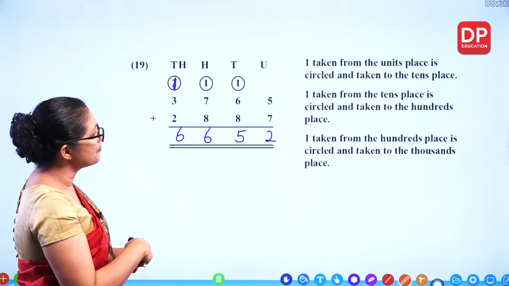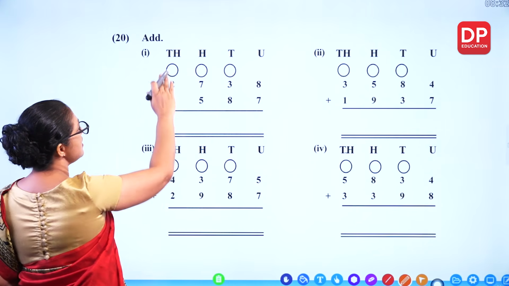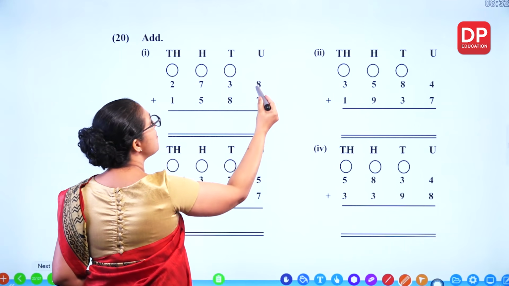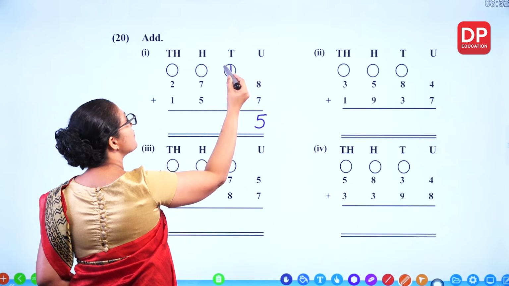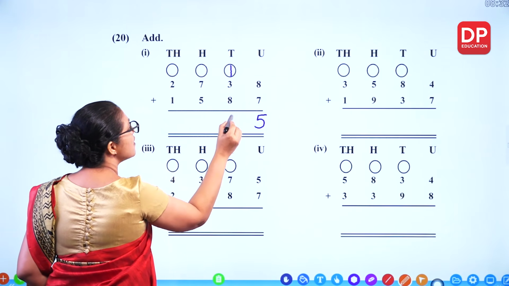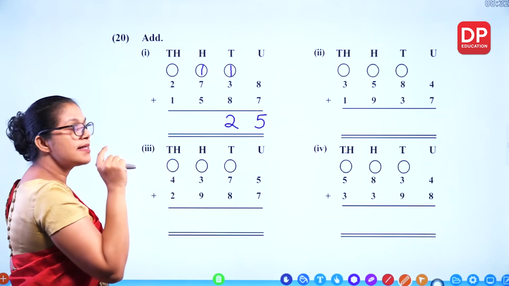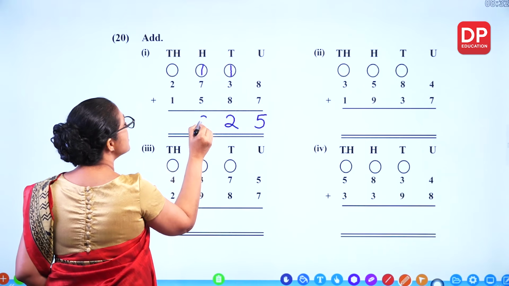Now add these numbers. TH means thousand, hundreds, tens, units. 8 plus 7, 15. We take 1 there. 3 plus 1, 4. 4 plus 8, 12. We write 2 here and take 1 to the next level. 7 plus 1, 8. 8 plus 5, 13.